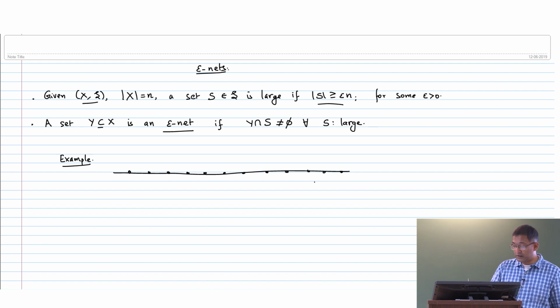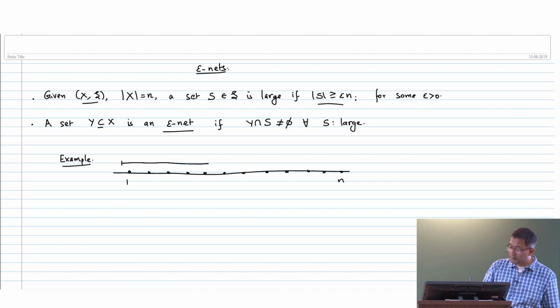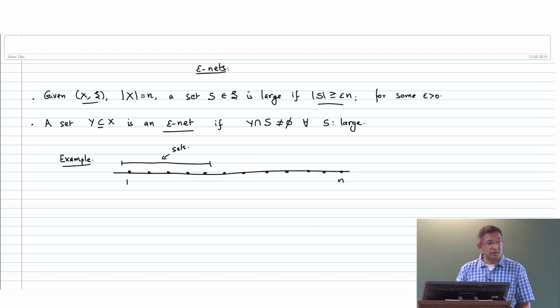The elements X are the points, let's say 1 to n. And the sets are defined by intervals. So this is a geometric set system in one dimension. The elements are points on the line and the sets are intervals.